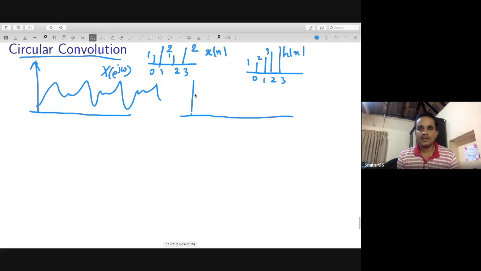So let us assume that it is periodic in some other way. Let's assume that these are periodic waveforms which have periods like this.